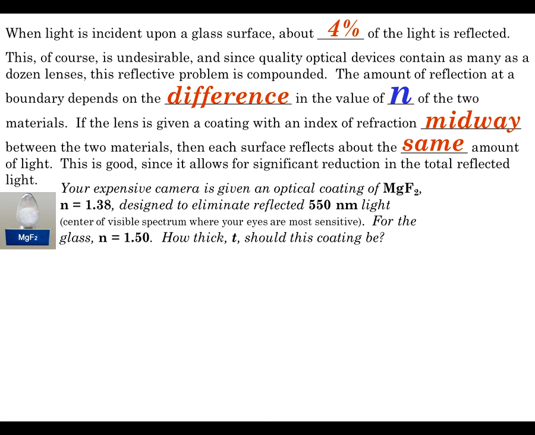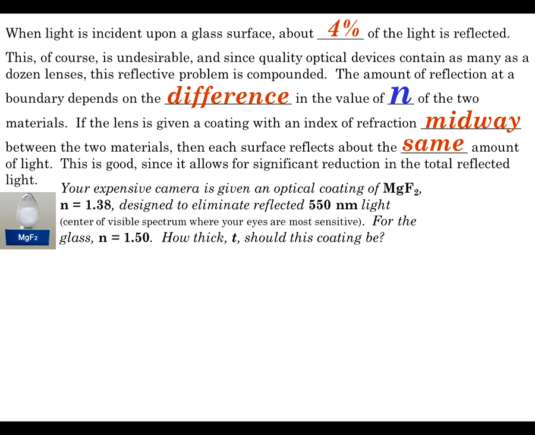The index of refraction is about 1.38, and it can be used to eliminate 550 nanometer light, which is the center of the visible spectrum, so it does it less for the wavelengths above and below that in the visible spectrum. But that's right in the middle where your eyes are most sensitive also. So that's a good wavelength to design it for.